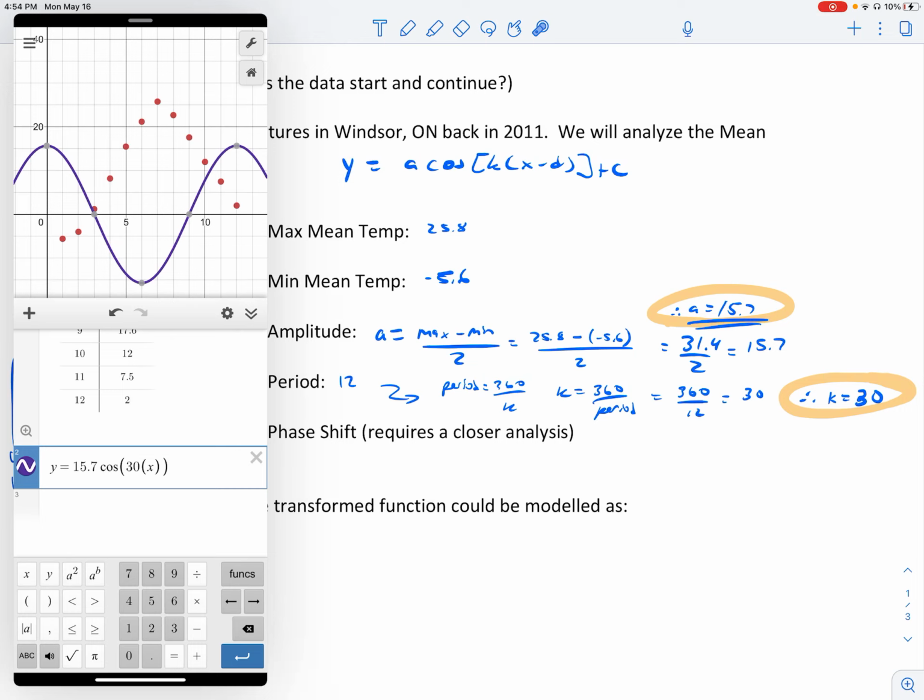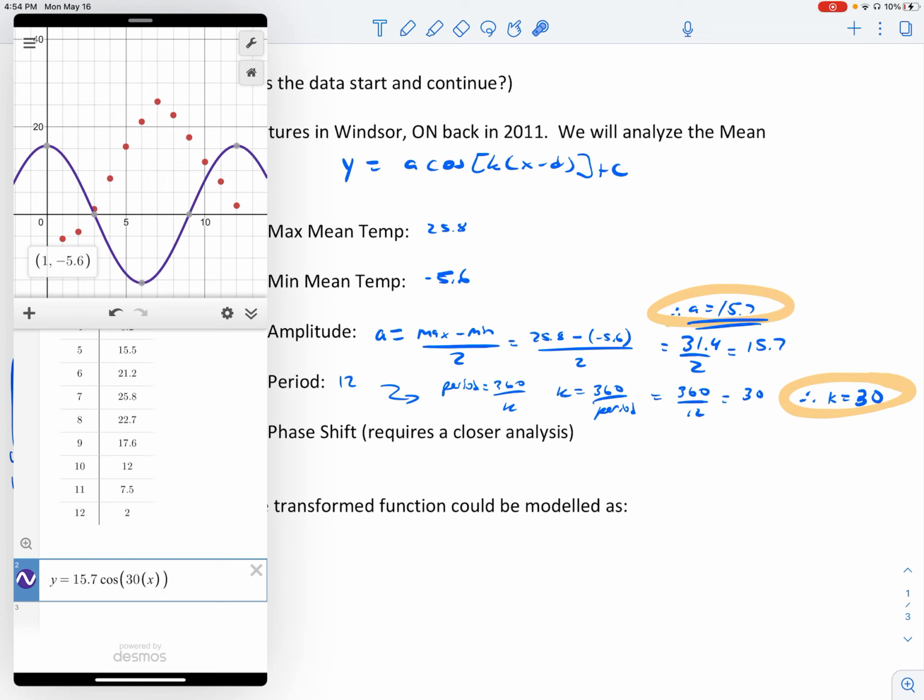So when I look at the curve up here, I noticed that the way this graph works is we're kind of beginning at a minimum value, right? At 1, negative 5.6, that's like a minimum. So cos always starts at a maximum and then goes down, right?